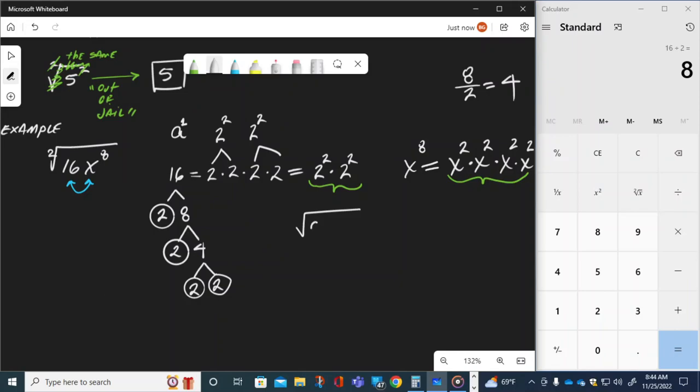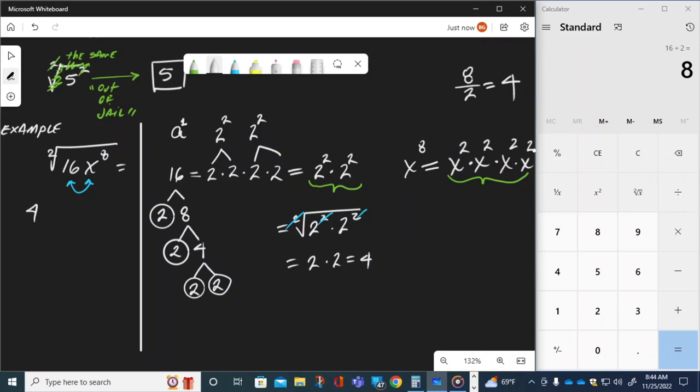If you put 2 to the power of 2 times 2 to the power of 2, and remember this is the square root, you know that all these guys get out of jail. And therefore, this becomes 2 times 2 equals 4, okay? So the 4 gets out of jail.